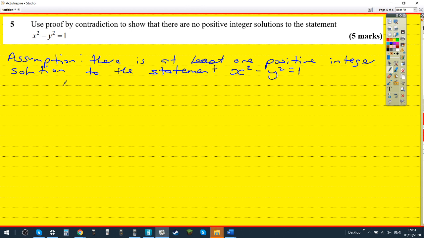Do you mean for x and y? So if you're trying to show positive, then you wouldn't show negative, you'd show positive numbers. So do I need to put x squared equals m or y squared equals n or something?